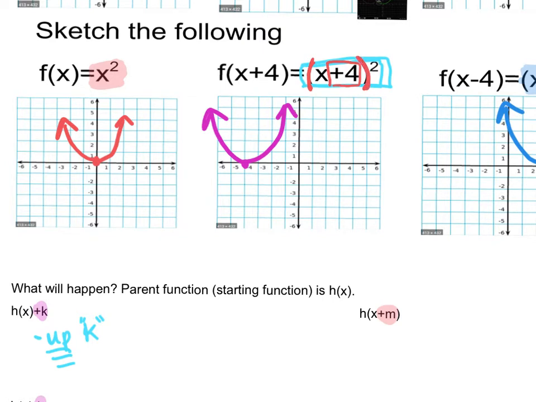And it looks like when we started at 0, 0, we are going left 1, 2, 3, 4. So this graph went left 4. So when we have a plus on the inside, we are actually going in the direction of the left, whatever that m is.